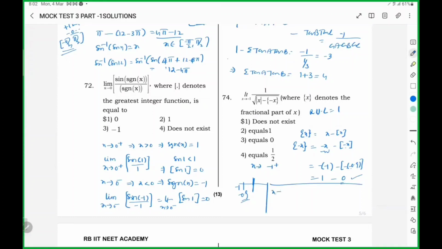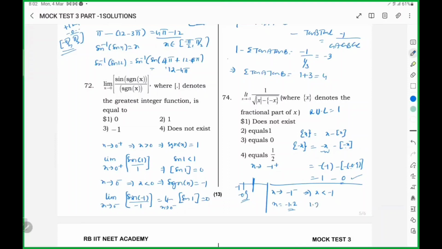Whereas as x approaches minus 1 minus, x is less than minus 1, take x as minus 1.2. Here x is anyhow negative, mod x will be minus x.